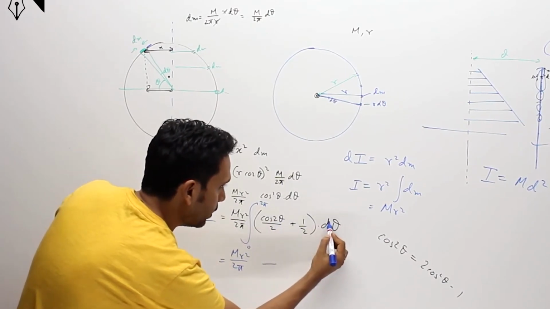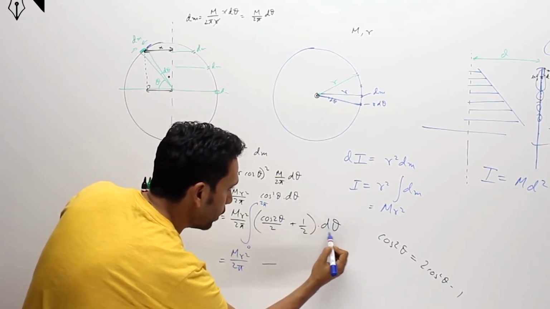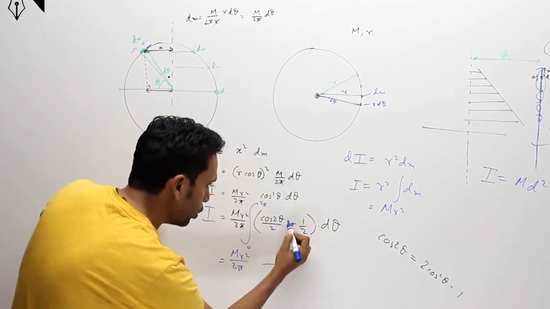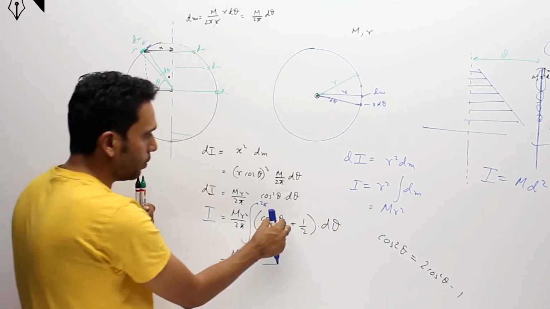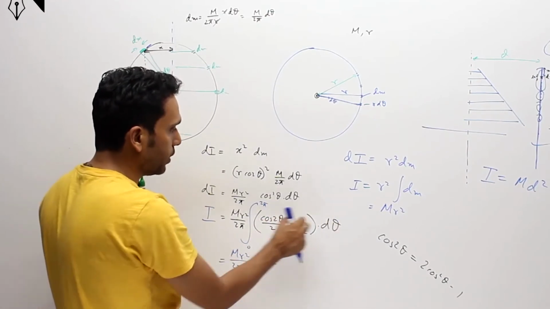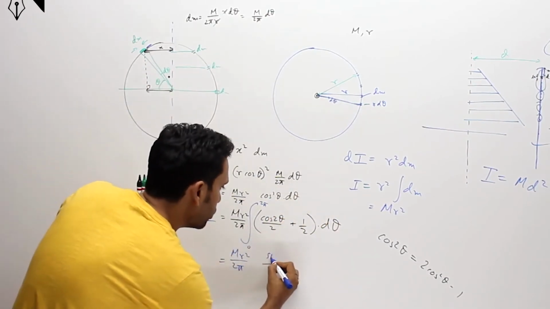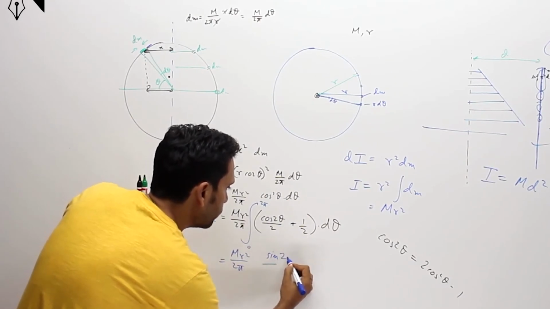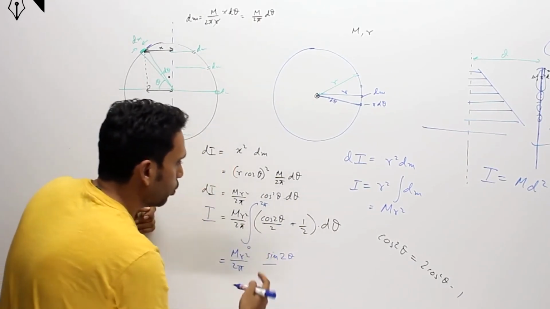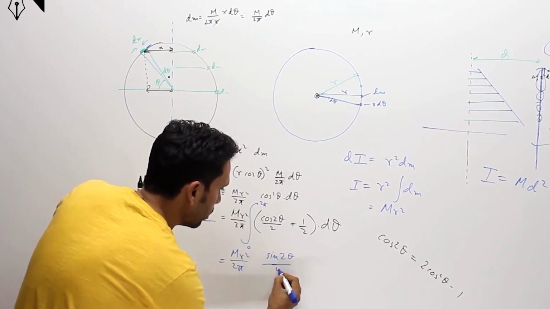I can say d of 2 theta divided by 2 instead of d theta. So we have this variable 2 theta and d of 2 theta matching, so that I can call it sine 2 theta on integrating. But I have a 2 outside and this 2 is also outside, so I get a 4 outside.